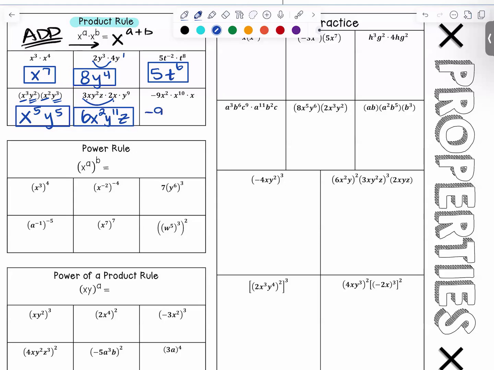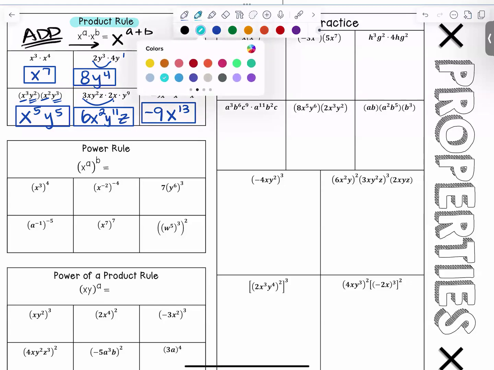Same with this one, -9, no other numbers to multiply. And you add those up. 2 plus 10 is 12, plus one more is x to the 13th power. Just like that. So that's the product rule.